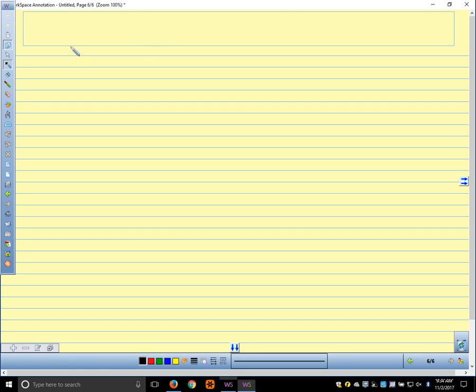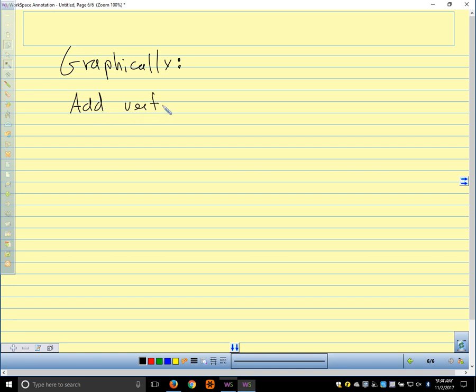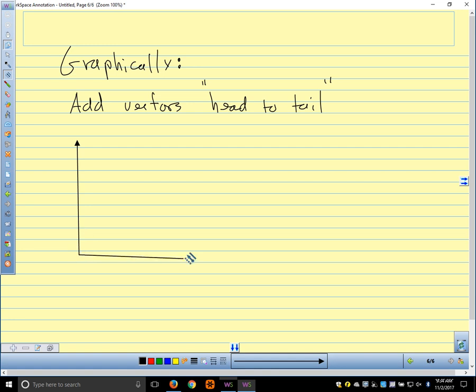So graphically, we add vectors head to tail. So what we mean by that, let me draw a set of axes here, and we'll put some vectors on there.